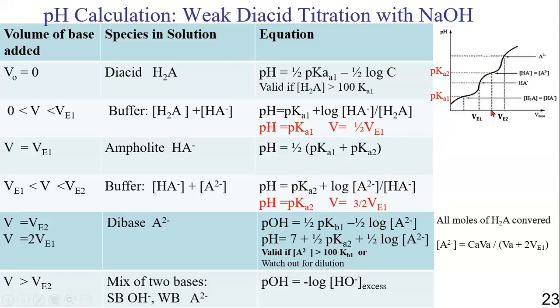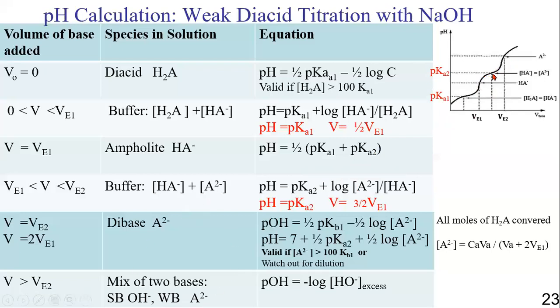So automatically at half equivalence and 3/2 V equivalence, I can put pKa1 and pKa2. Also, even at the first equivalence point, that's a very easy calculation, just half of pKa1 plus pKa2. So these are very easy points to calculate without doing much further.